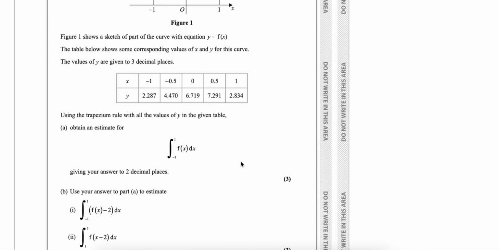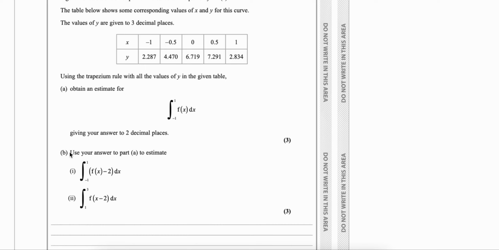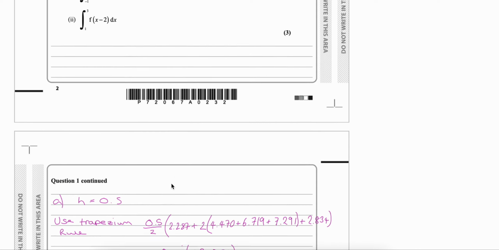Next up, comprehension of transformations. Use your answer to part A. This must be using your answer to part A. Estimate our first value is f of x minus 2. Now, as you know, when you integrate a multi-term function, you can separate it into the integral of each individual function.